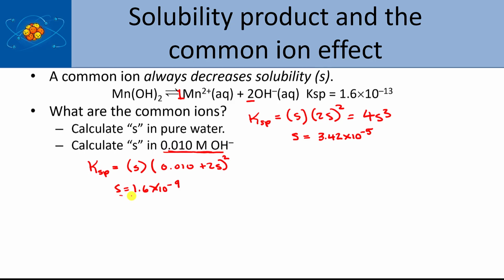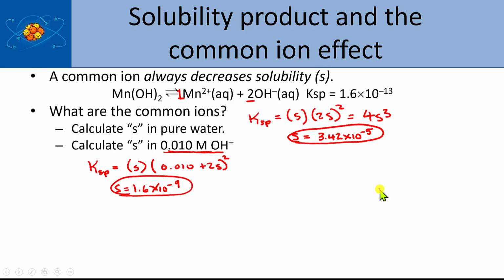And notice what happened to the magnitude of S. I started out at 10 to the minus 5, which is how much dissolves in pure water. But if I have some hydroxide present in the solution, the concentration that can dissolve is much, much smaller because of the presence of this small amount of hydroxide in the solution to begin with.